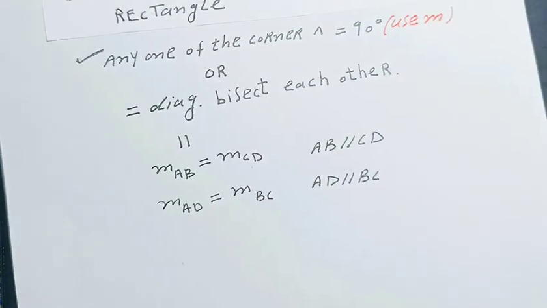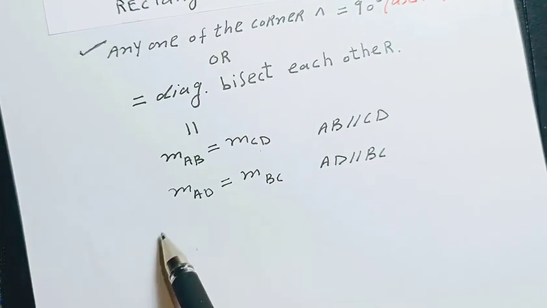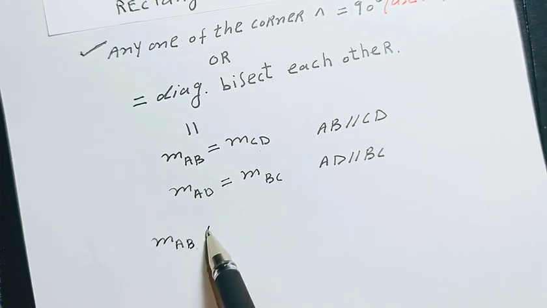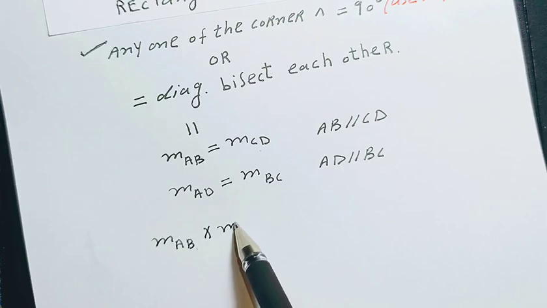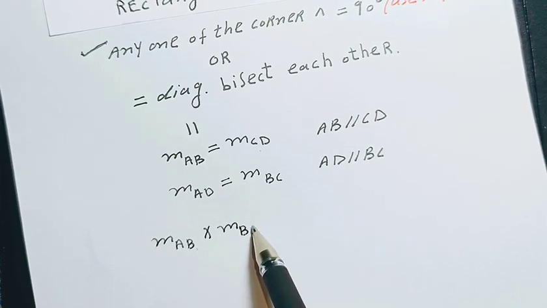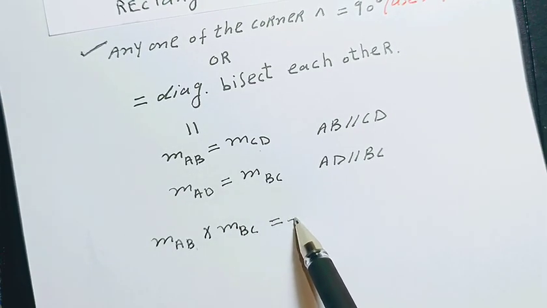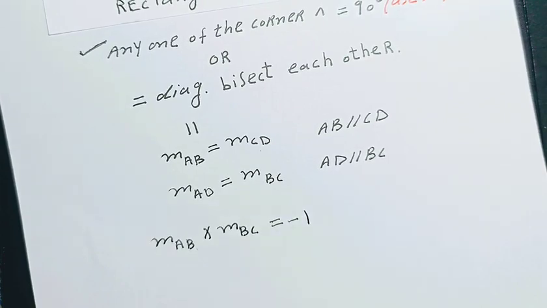Have a look here. So we're going to say MAB multiply MBC must be equal to -1. This formula you're going to use a lot. So if you multiply these two gradients and the answer comes equal to -1, then we can say angle B is equal to 90 degrees.